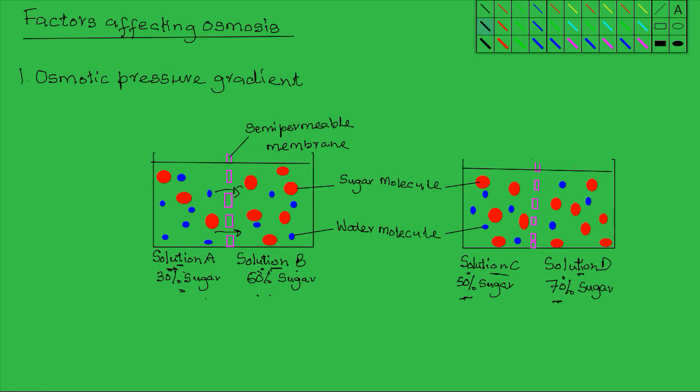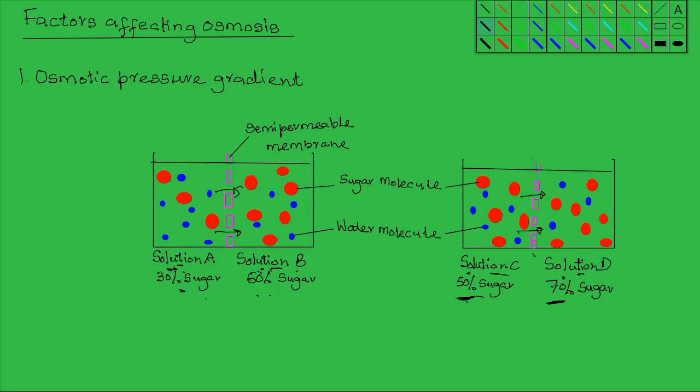Now, the difference in osmotic pressure between the two solutions is what forms a gradient. In the first case here, there's a gradient or a difference of 30%, while in the second, there is a difference of 20%. This gradient determines the rate at which osmosis will take place.